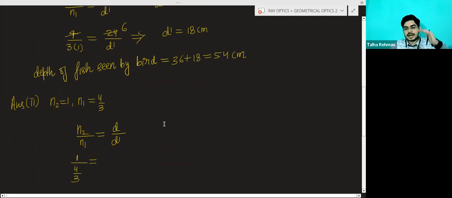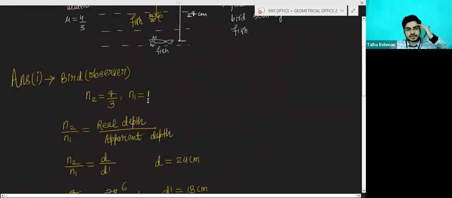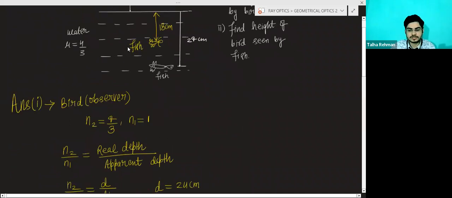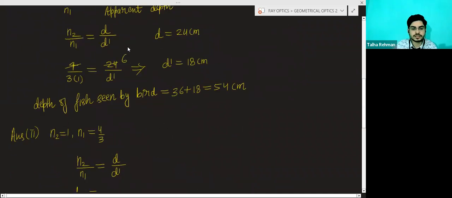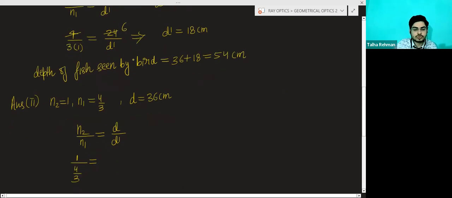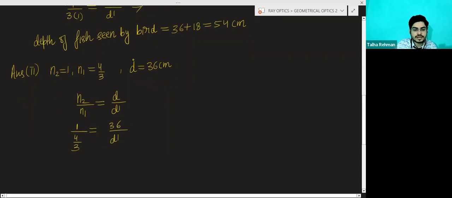And what is the real height of the bird? 36 centimeter. So in this case, D is equal to 36 centimeter, and you will put 36 here and get D dash.